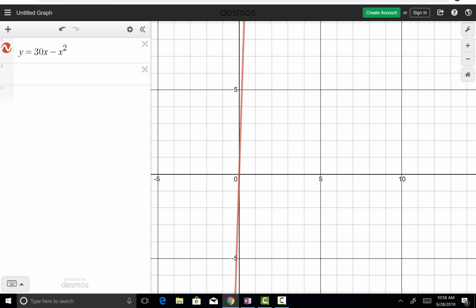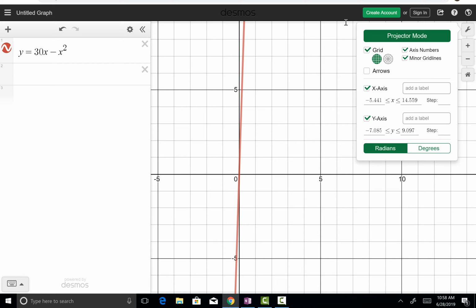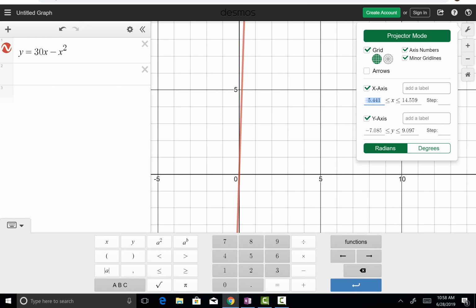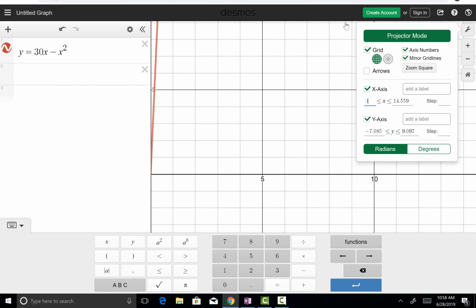So our domain, for example, we know we're not going to have anything less than 0 for that length, right? So let's go into the tools here, and let's make our x-axis minimum value 0.